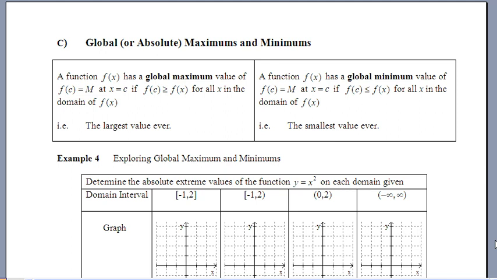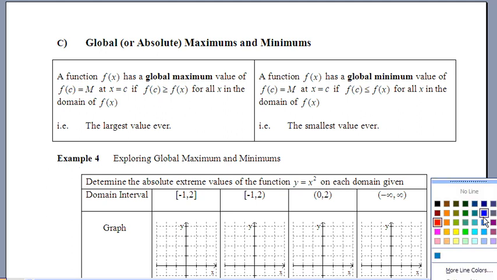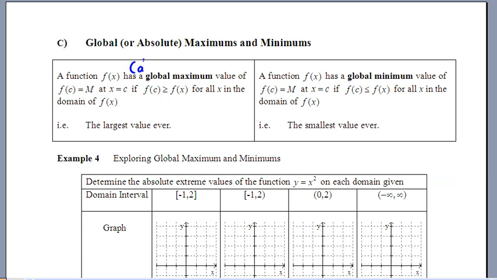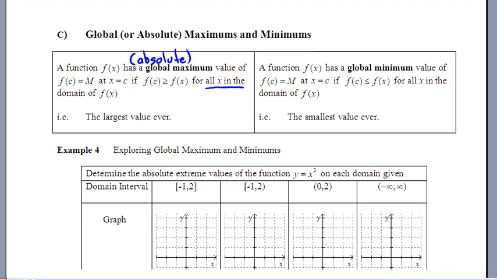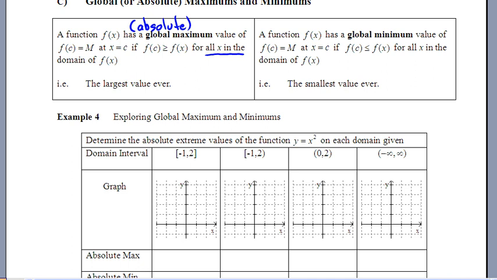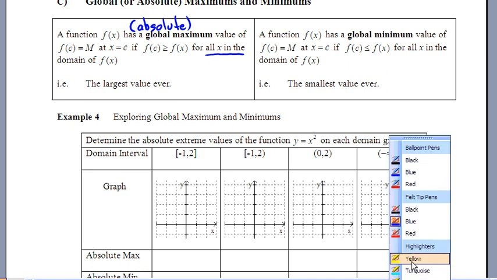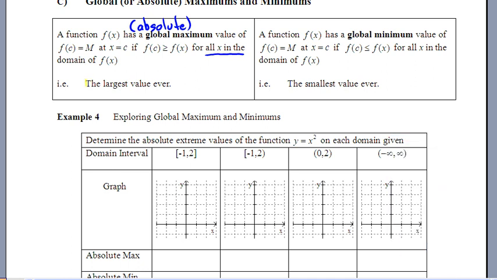The math explanation says a function f of x has a global, or again, interchangeable with the word absolute, maximum if you found a y value where that y value is as big as the function ever gets for all x in the domain, not just in some neighborhood nearby, but it's the largest value ever on the graph.